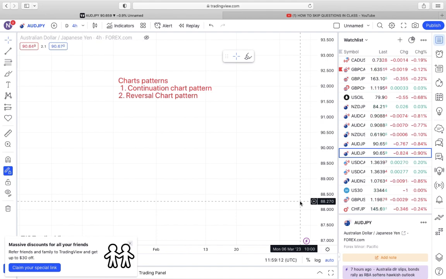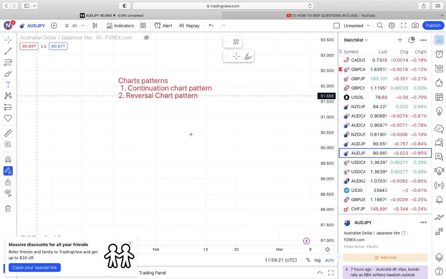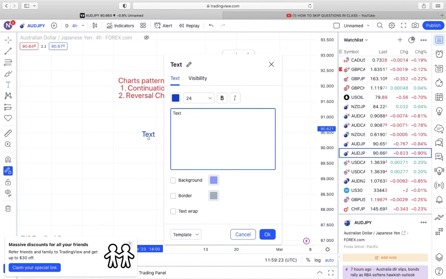Those are what you have to know before making any decision to enter any given market. Today we're going to talk about reversal chart patterns.